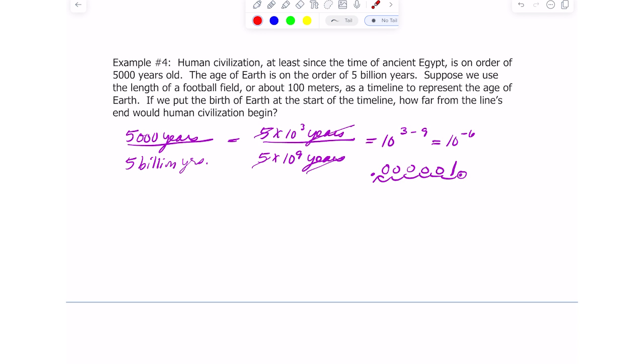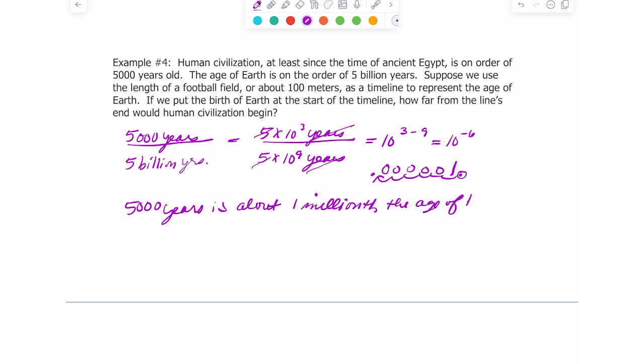So here you have tenths, hundredths, thousandths, 10,000ths, 100,000ths, millionths. So 5,000 years is about 10 to the negative sixth, or 1 millionth the age of the earth, which is kind of hard to think about, right?